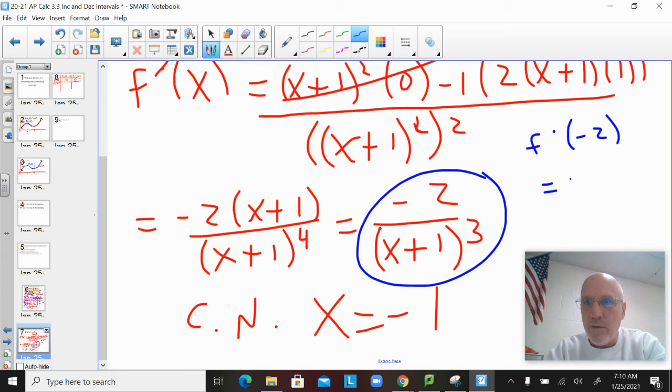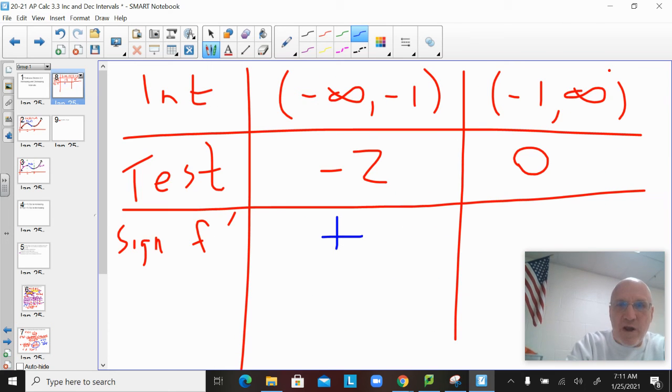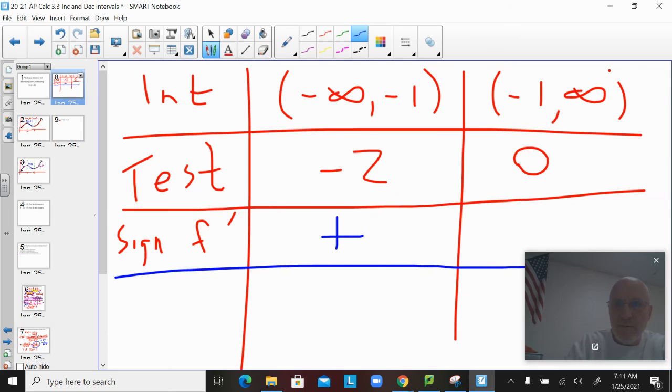That would equal negative 2 over negative 2 plus 1, cubed. In particular, that's a negative on top, and negative 2 plus 1 is a negative, cubed is a negative. I have a negative divided by a negative, which turned out to be positive. So I go back here, and I figured out that the sign of f prime was positive there.